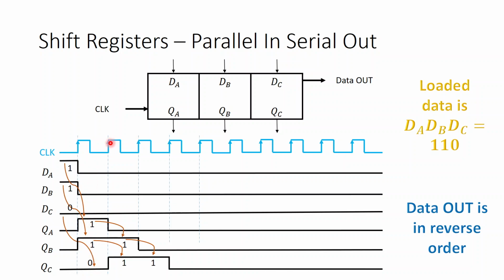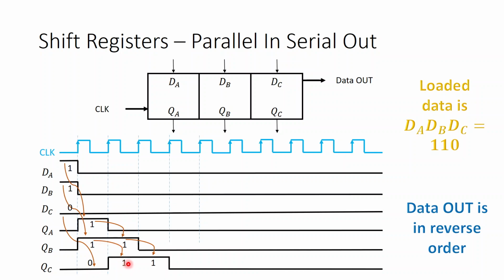From the second clock cycle, now QB will get affected by what QA is. QA will get affected by what DA is, nothing else, right? So DA is 0, so this becomes 0 here, and this 1 will come to QB now at the second clock cycle, and this one will come to QC now, the output of QB connected to DC.